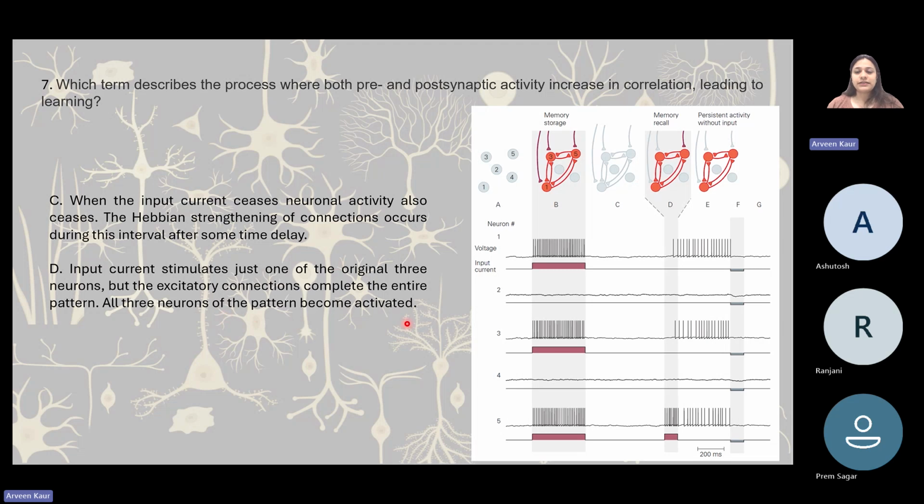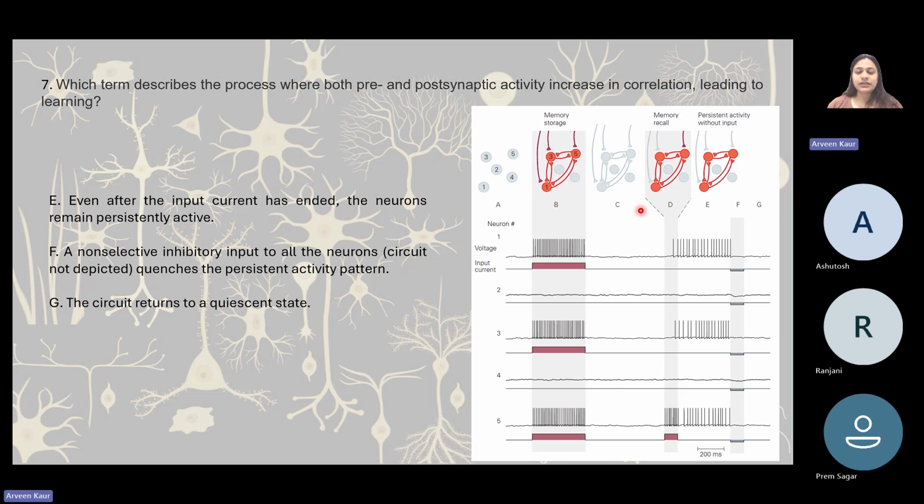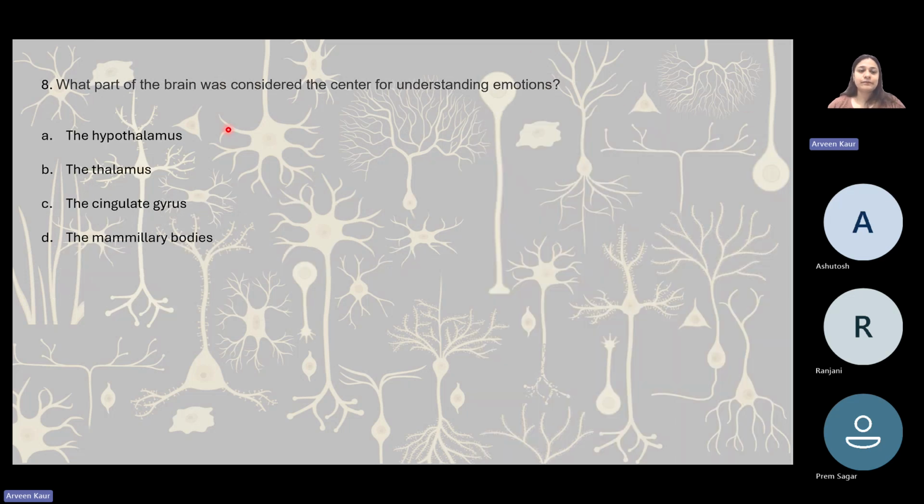All three neurons of the pattern become activated. Even after the input current has ended, the neurons remain persistently active. A non-selective inhibitory input to all neurons quenches the persistent activity pattern. So if any of them is stopped, then the entire activity pattern is stopped. The circuit returns to a quiescent state, that is a normal unactivated state.